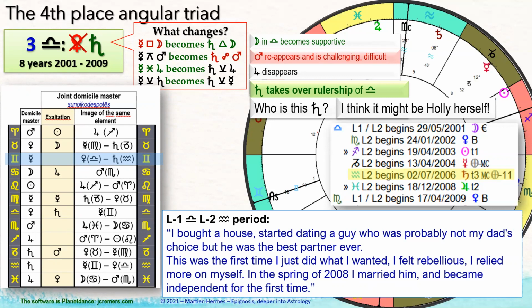We will get to that in the next installment of this video series, where I will be looking at each period separately, but also the turning points in them, and try to get a view on what's happening in each of these periods in your life. So, but this was a very interesting one, simply because this had to do with you becoming independent in your life for the first time. That's very interesting, right? So, yes.